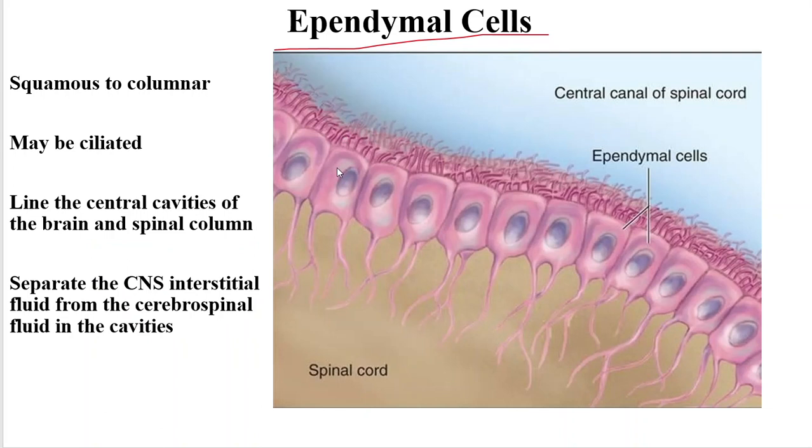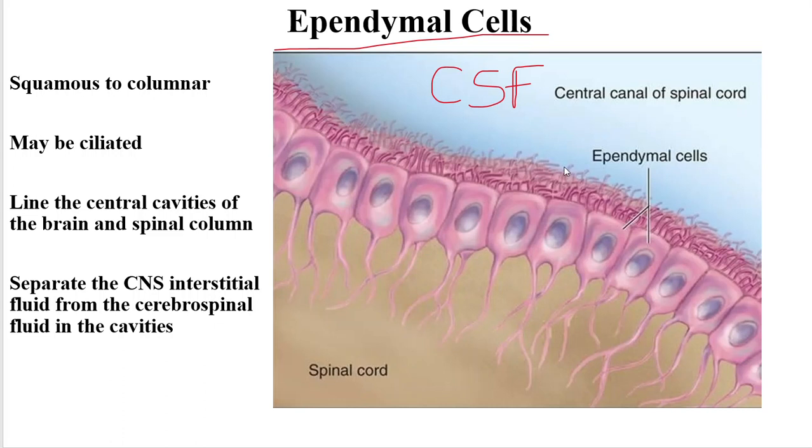Ependymal cells, we'll hear more about these guys. These guys are going to be the guys that help us to form cerebrospinal fluid, CSF. This is what surrounds and bathes the brain and the spinal cord. So these guys take fluid from the capillaries and they filter them and put it there, or allow them to pass through there.